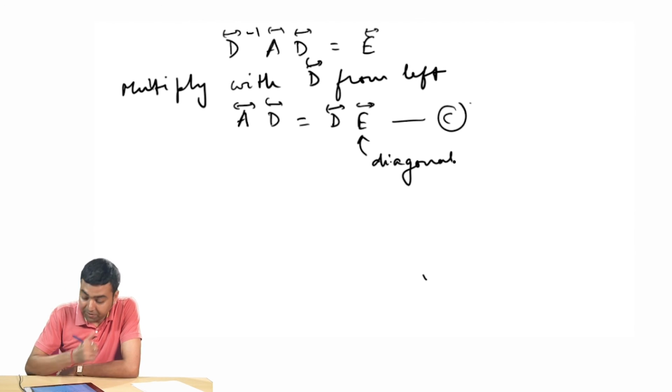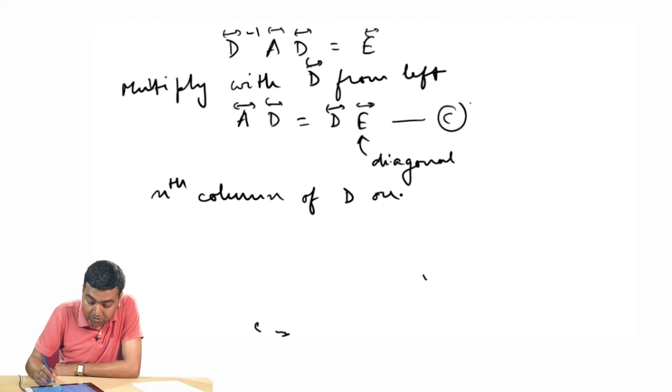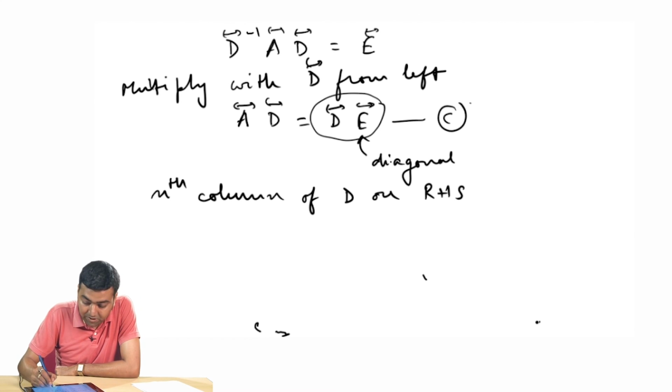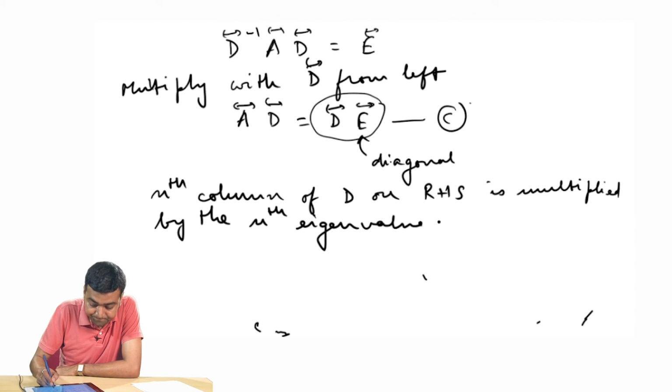What it implies is that the nth column of D on the right hand side of this equation is multiplied by the nth eigenvalue, that is E n n.